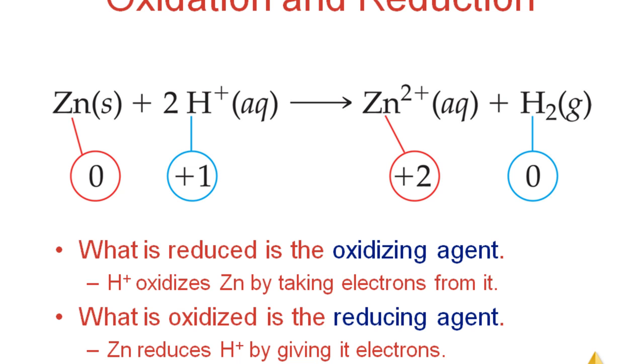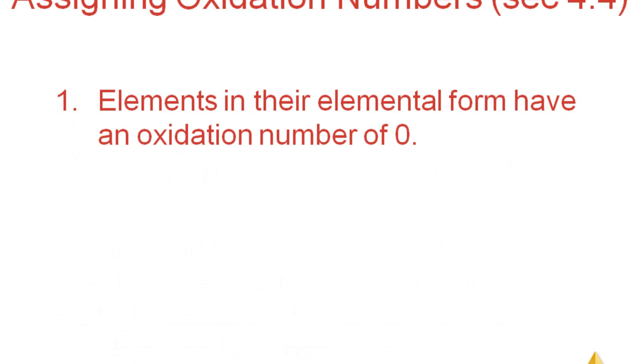Okay, now we are going to look into section 4.4, the revision of assigning oxidation numbers. If you want, you can open your book to section 4.4, because here I have only bullet points. Probably you might have a little more detail in there.